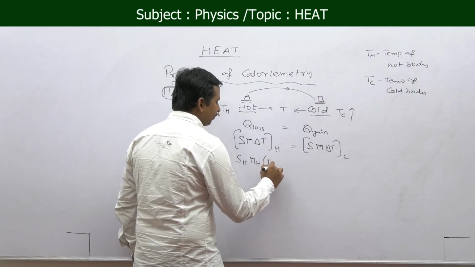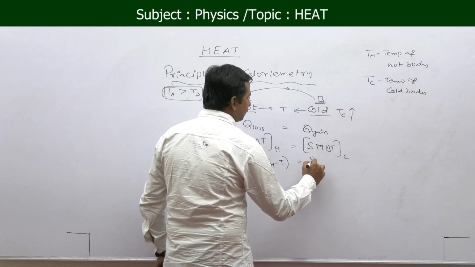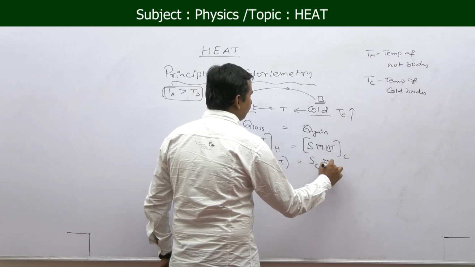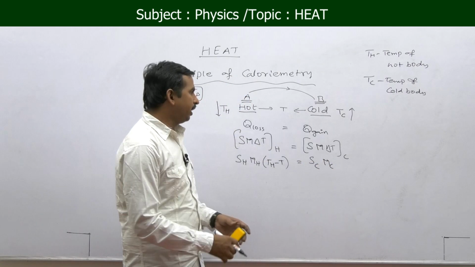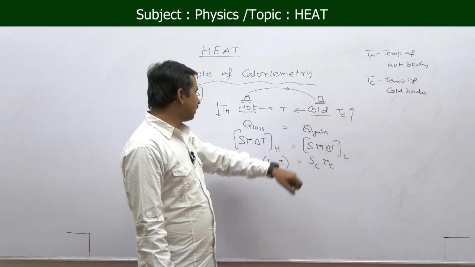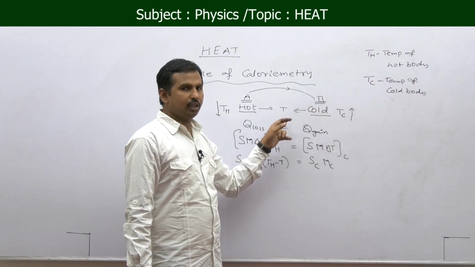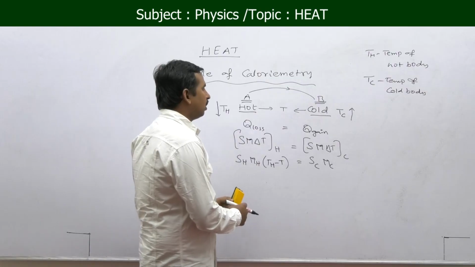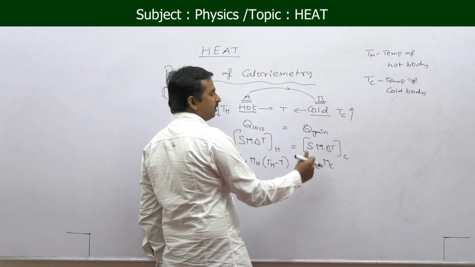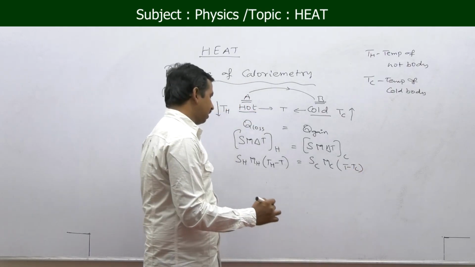So, TH minus T is equal to the specific heat of the cold body and mass of the cold body, and delta T for the cold body. The cold body temperature is less, now it is rising, and it is raised to T. So now T is more and TC is less, and the change in temperature becomes T minus TC.